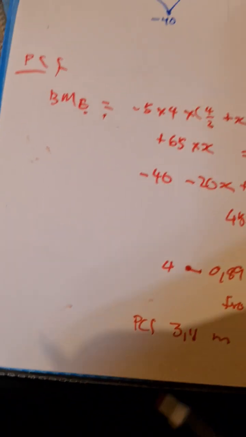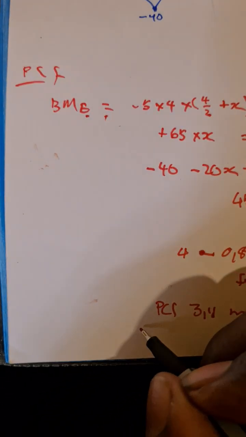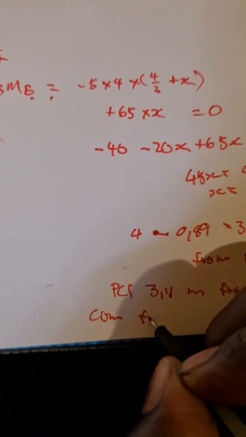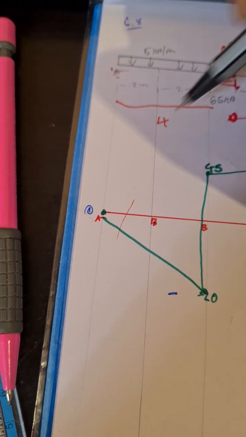Right? So now let's look when we are coming from A. They say they are coming from A. Where's A? A is here. So from A, we already know this distance is 4.